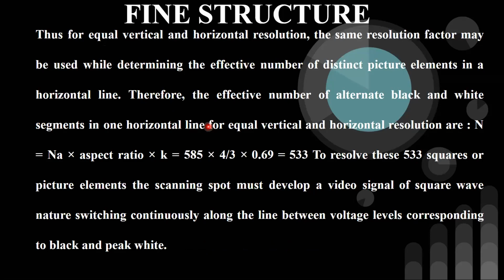So this value equals both vertical and horizontal resolution. Why? Because for both examples, this factor is considered the same. Therefore, the effective number of alternate black and white segments in one horizontal line, for equal vertical and horizontal resolutions, is equal to 533.